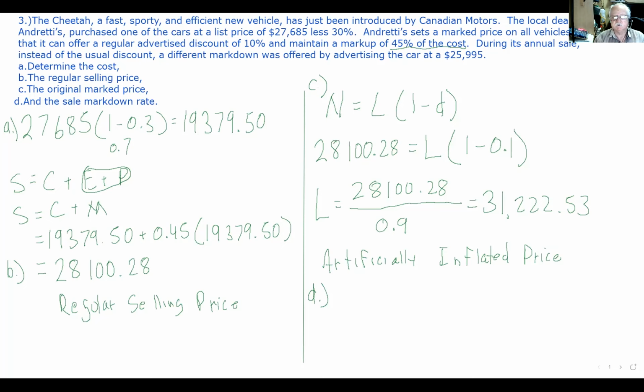So the selling price is already inflated above the cost. But in this case, they've added another layer of inflation to the price. I refer to it as artificial because artificial means it's not real.